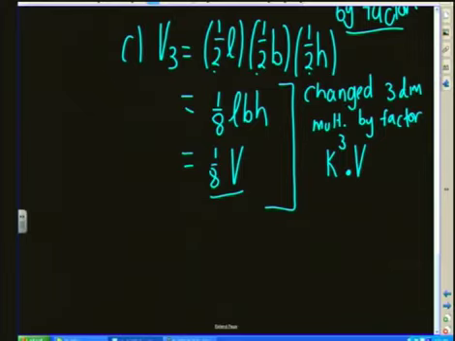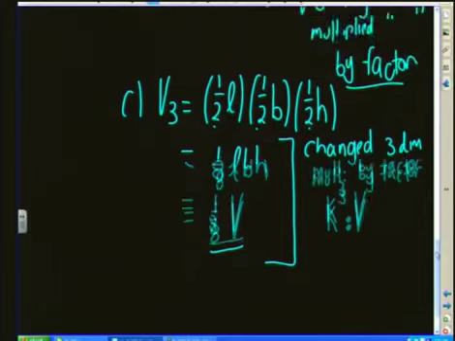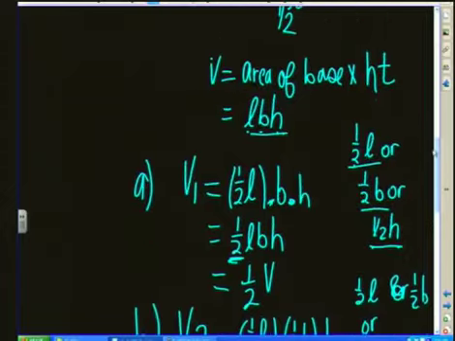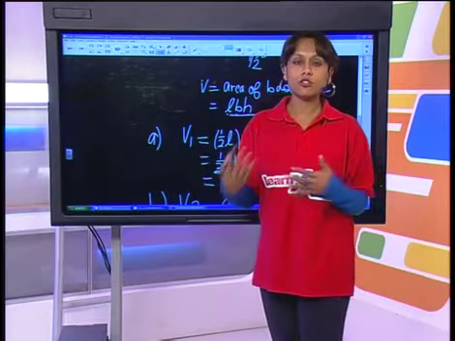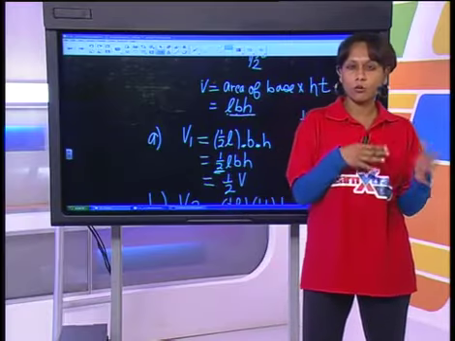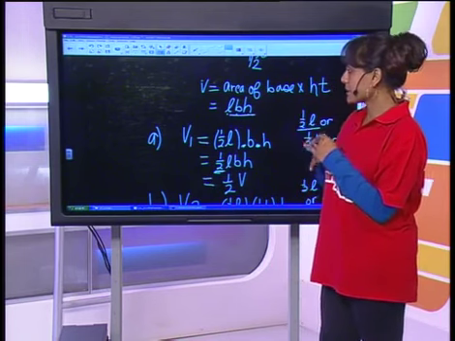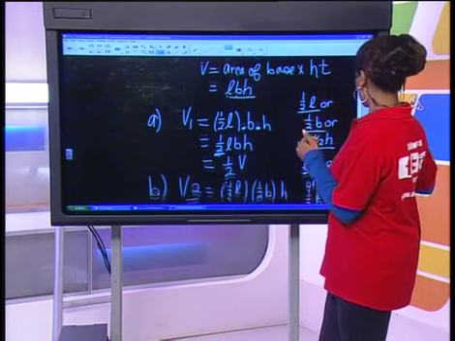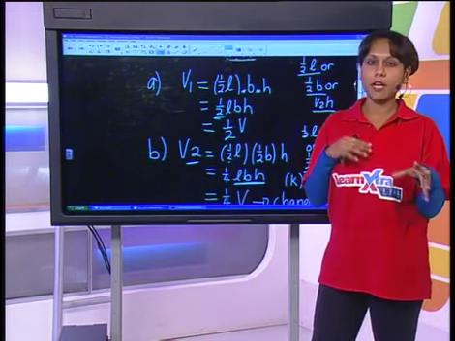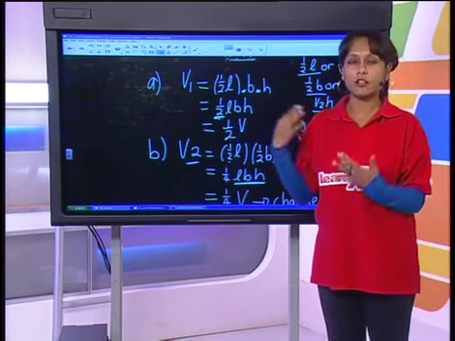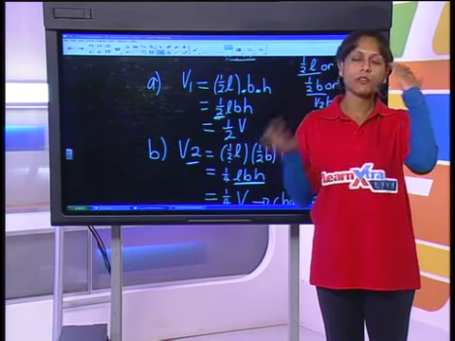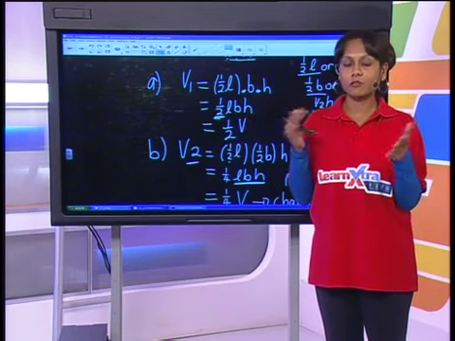Okay. All right. So let's go through each of these and let's just make the points in each of them. What happened to the new volumes versus the old volume when we compare them? So in the first one, we looked at multiplying just one of the dimensions by a factor. In this case, it was a factor of a half, but it could be anything. It could be a factor of 2, 3, 4. It doesn't have to be fractional.